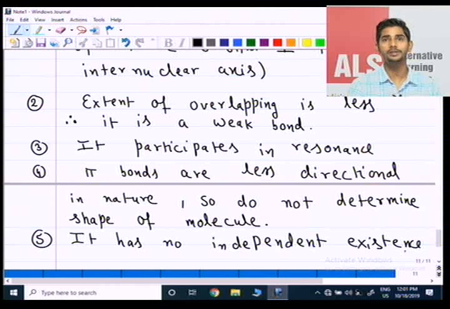Means if there is one pi bond, there will definitely be one sigma bond. There is no such condition in case of a sigma bond. Sigma bond has a tendency to exist independently. So these are a few important points. Guys, please copy it and confirm once after copying that.